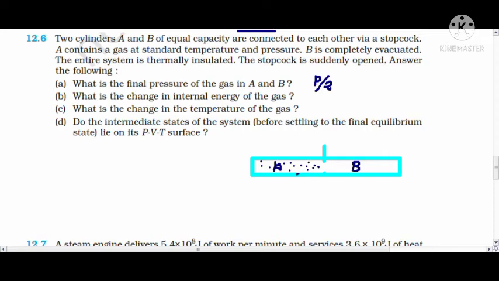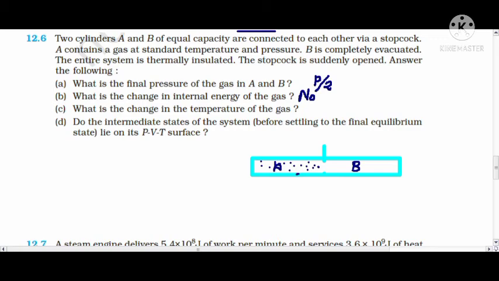So in this process, though we get expansion, there is no work. As there is no work, there is no change in internal energy. So no change in internal energy of the gas. The gas retains its internal energy as it is a spontaneous expansion without involving any work.